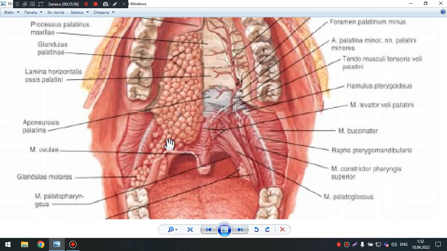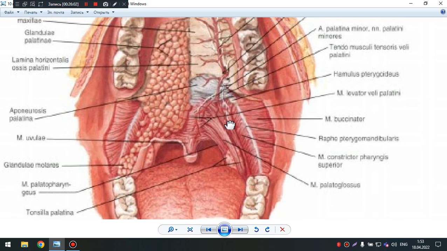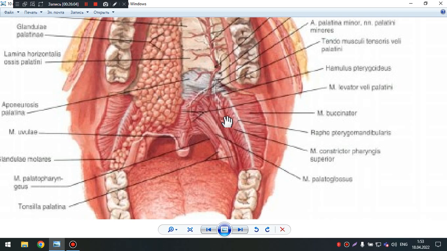The soft palate is blood supplied by two arteries, the ascending palatine from the facial artery and the descending palatine from the maxillary artery.